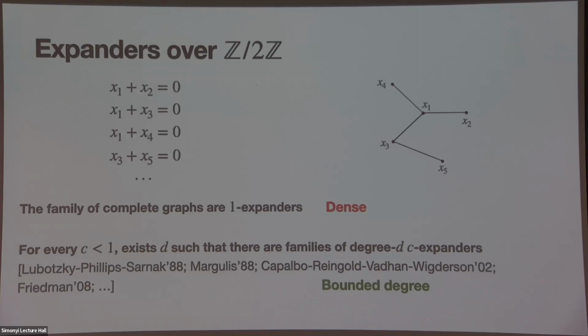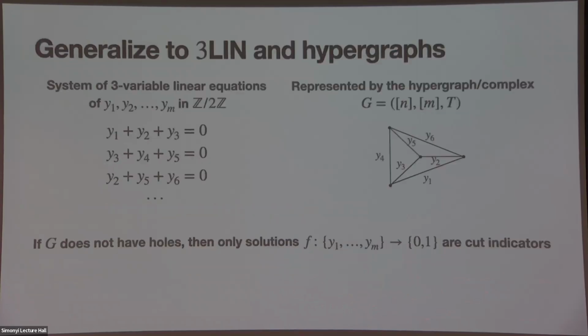Just as an example, we go one dimension higher for now. Let's consider generalizing this notion to three-term equations, a system of equations with three variables. The constraints are of the form y_i + y_j + y_k = 0, where the summation is 0.